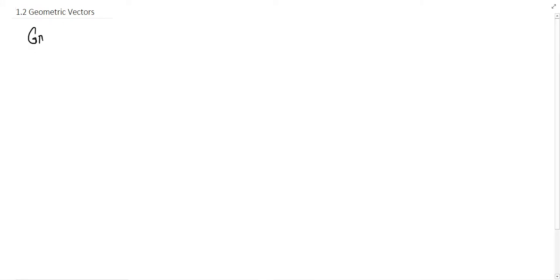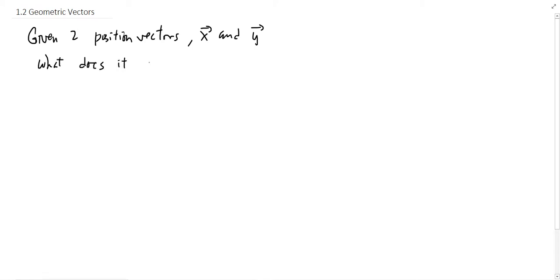So consider the following. Let's say we're given two position vectors, vector x and vector y. The first question we try to answer is what it means geometrically. Algebraically, we know how to add two vectors together.